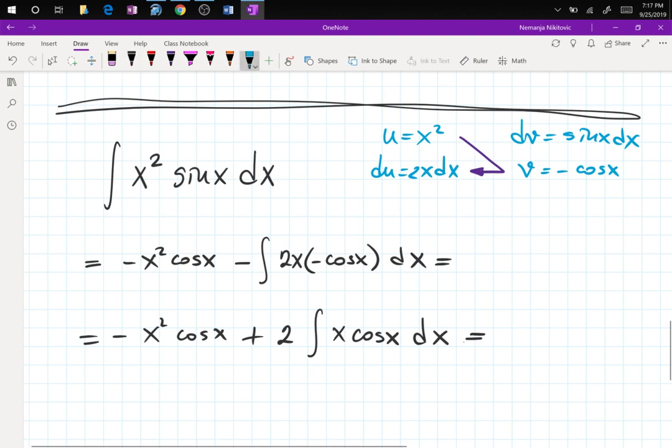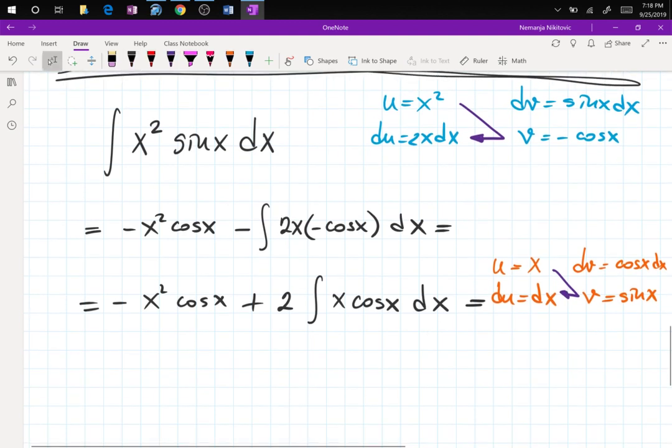So let's go. One more integration by parts. This one is going to be orange. We have u to be x, dv to be cosine x dx. du is going to be dx, and v is sine x. And we put our arrow. So now we have to be careful because there's going to be parentheses and multiple terms and multiply everything by 2 and all of that good stuff.